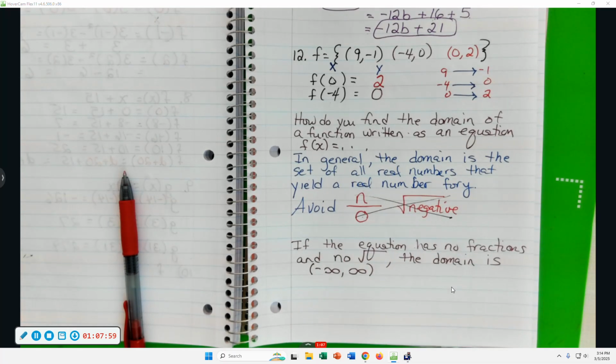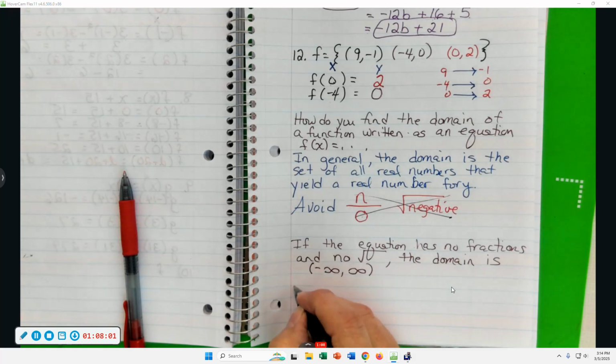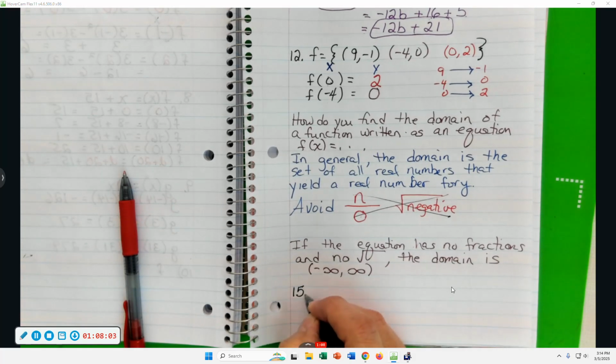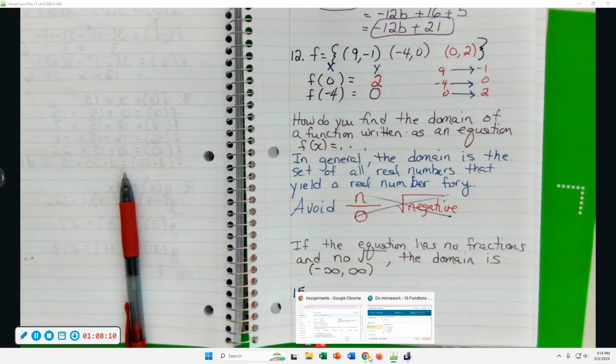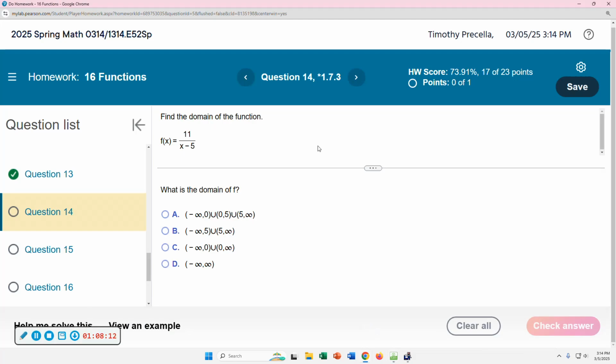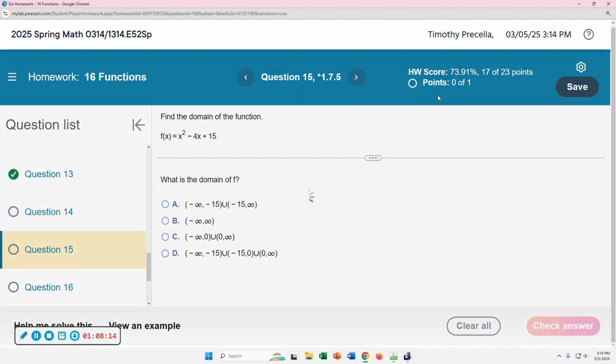To illustrate that, I'm going to do problem number 15. I'll go back to number 14 in a moment. Here's number 15. Find the domain of this function. f of x equals x squared minus 4x plus 15.